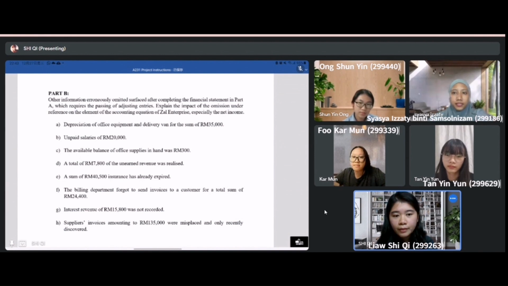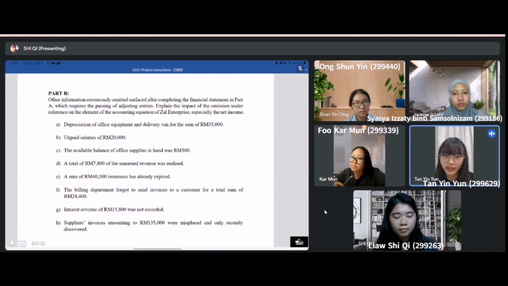I agree with Carmen that it is debit cash, because it means we receive the cash from customer, where we realize the revenue. My opinion is, because the question says unearned revenue was realized, I think that means the services have been provided.